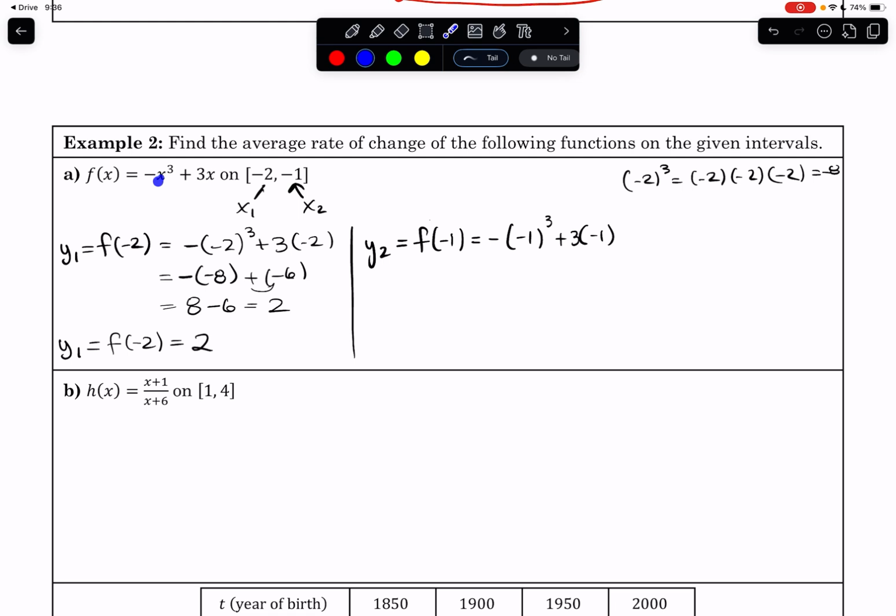So you see I'm replacing these x's with these two numbers to find the corresponding y values, the y1 and the y2. Now I'm on y2. So -1 to the third power is going to be -1. And again, I have two negative signs because of this. I'm bringing this negative sign down. I don't know if that was clear in the previous example. I'm bringing that sign down.